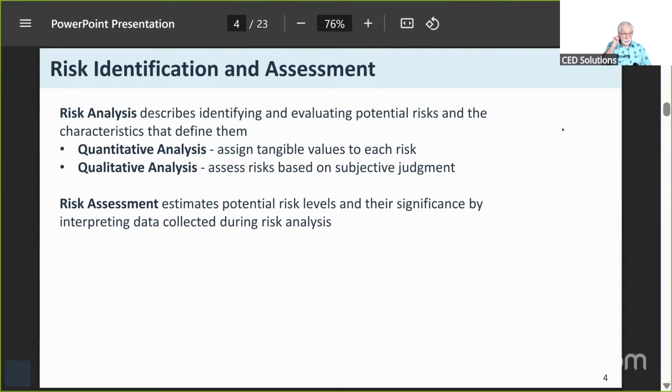Most organizations now, you will find, do a sort of hybrid approach as far as risk assessment. It's a hybrid between both quantitative analysis, figures, values, and qualitative analysis. And that's very subjective. It uses scenarios, verbiage, even color coding.